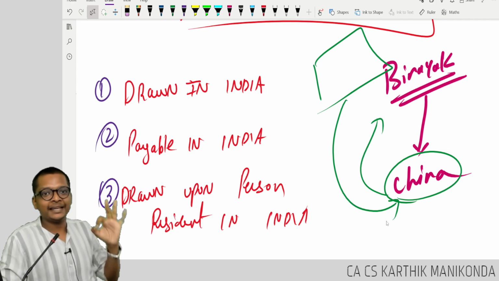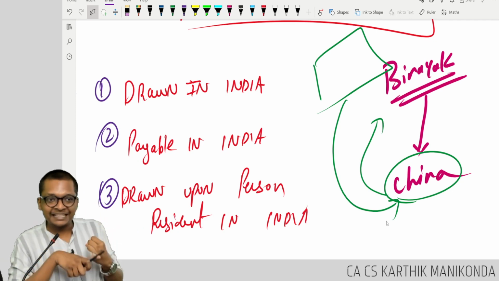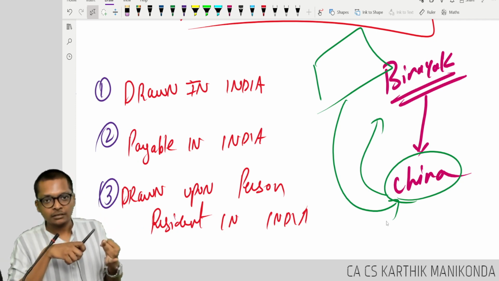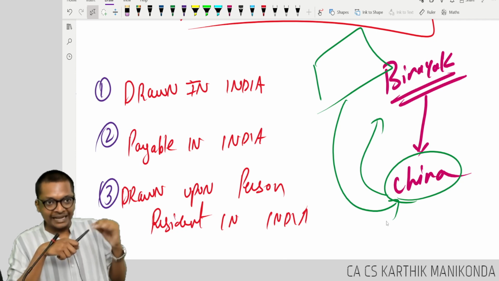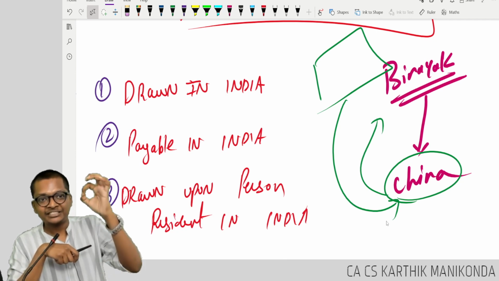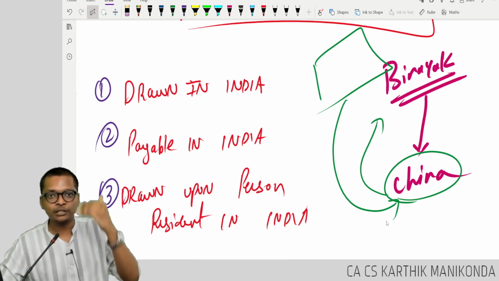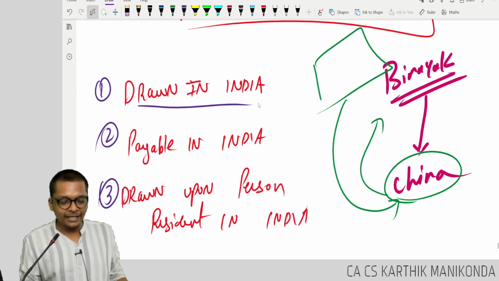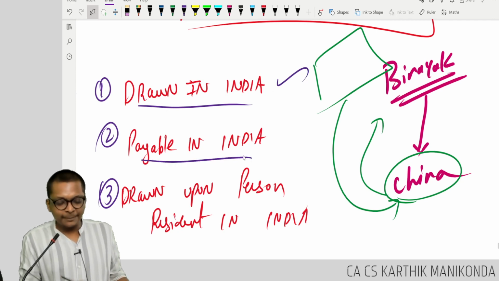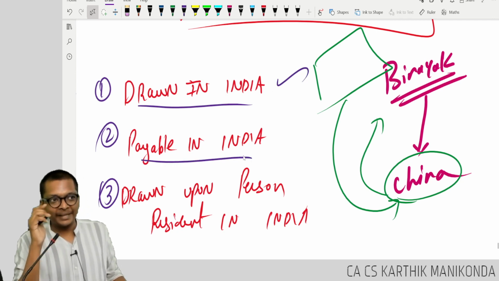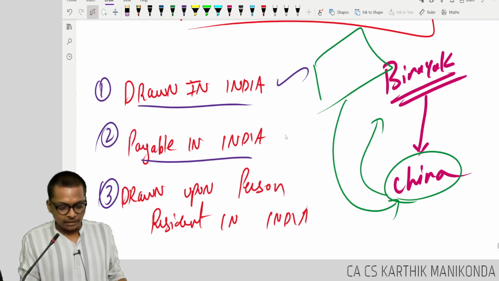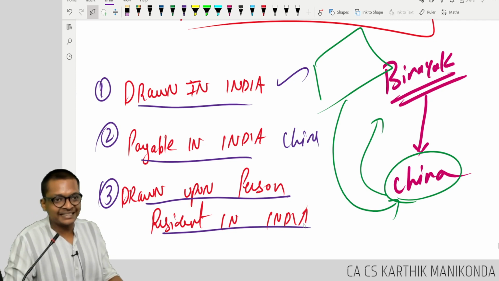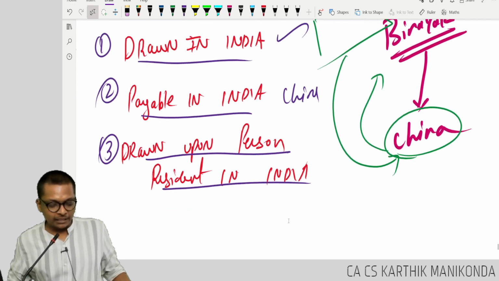Now, where is Binayak? In Chennai, India. He wrote the check in India, and he sent the check to his close Chinese friend. Now, it is drawn in India. Payable where? Payable in China. Drawn upon a person resident in India?